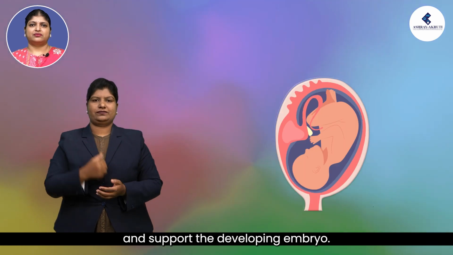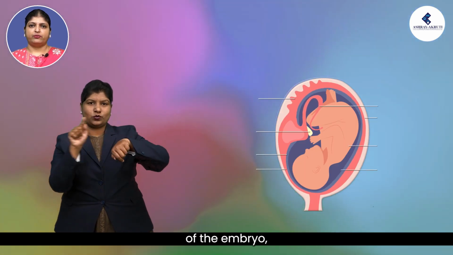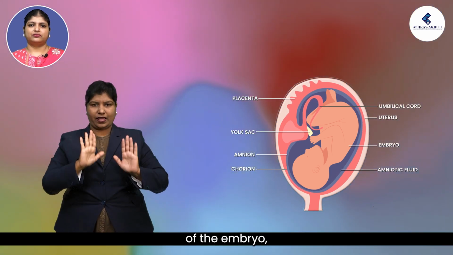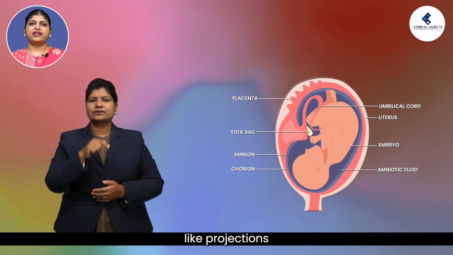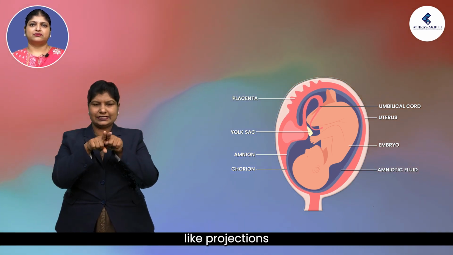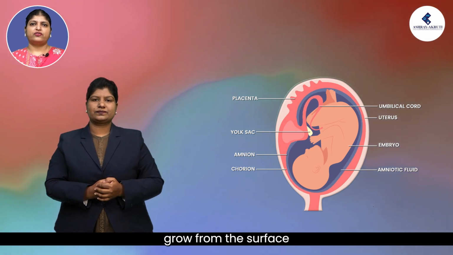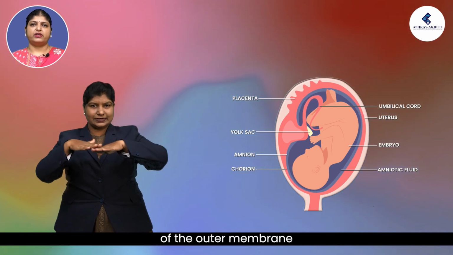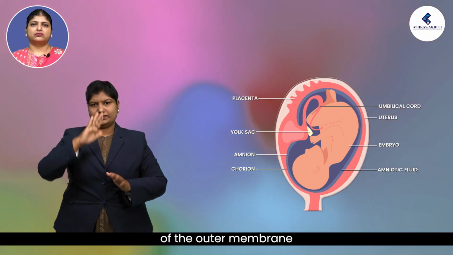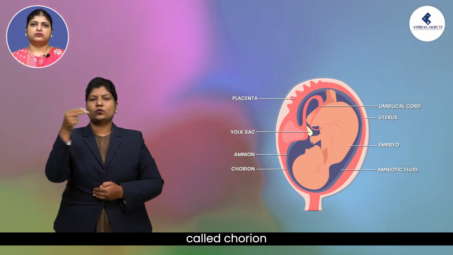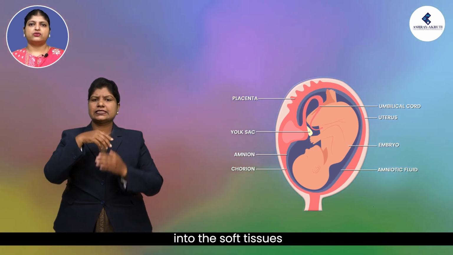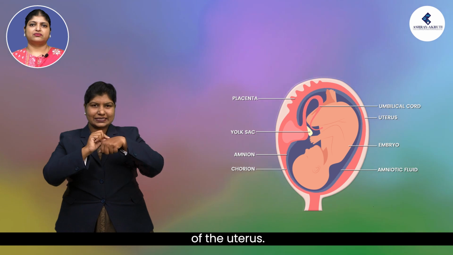During the development of the embryo, tiny finger-like projections grow from the surface of the outer membrane called chorion into the soft tissues of the uterus.